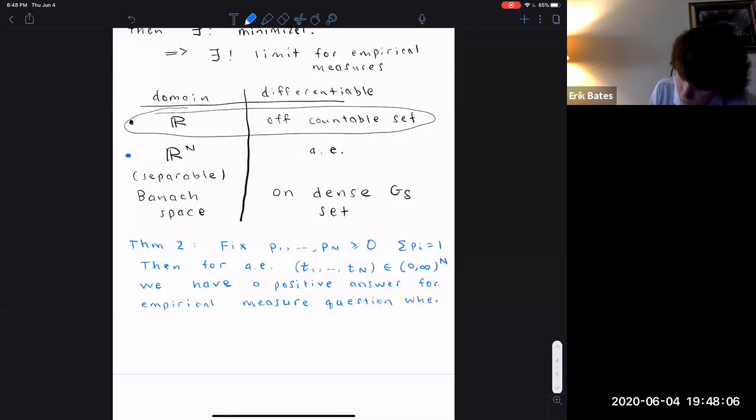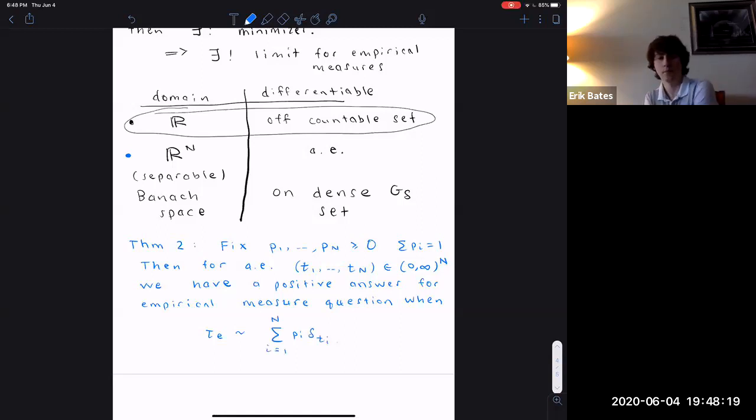When the edge weights tau e are distributed according to the linear combination pi delta ti. So you fix any of your n favorite probabilities that add up to 1.